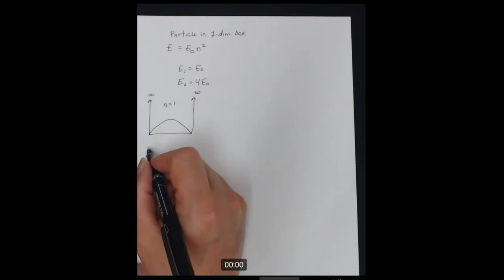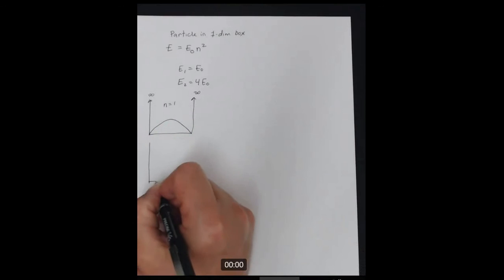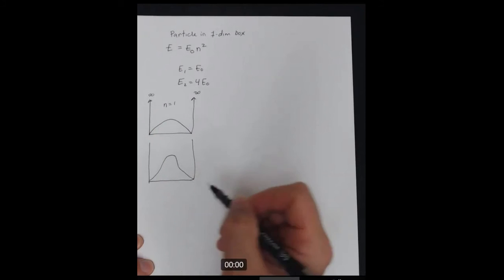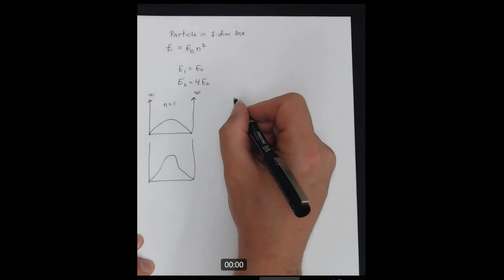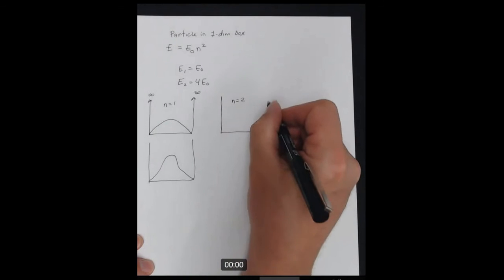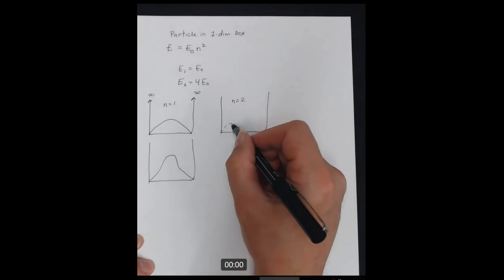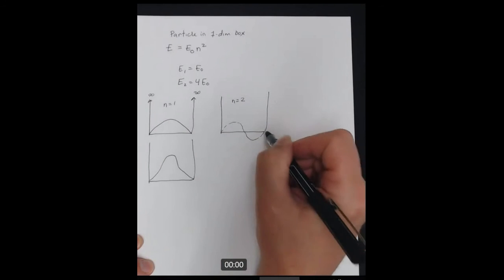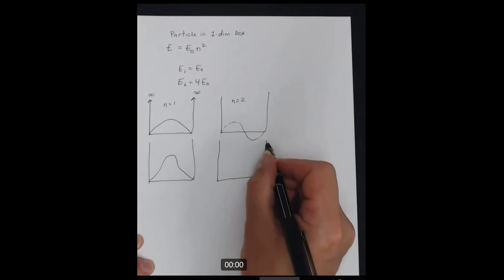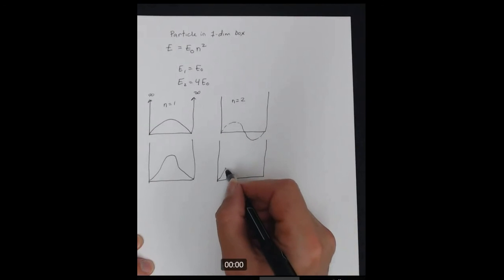And the probability density then looks something like this. And for the n equals 2 case, what did we have? The wave function looks something like this. And the probability density looks like this.